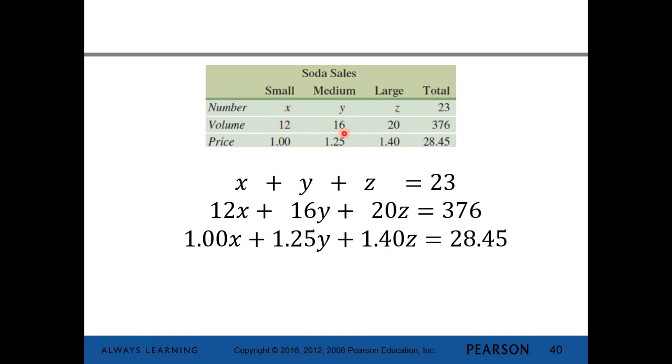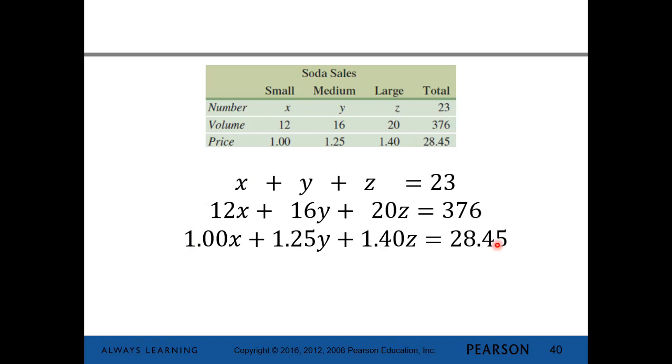And then likewise, the total volume of medium and the total volume of large. And so if we add up all of these products, we get 376. And then finally, we do the same thing for price, right? We take the number of small times the price of each small, and the number of medium times the price per medium, and so on and so forth. And we know that then this equation comes into play. And so now this becomes our system of equations.